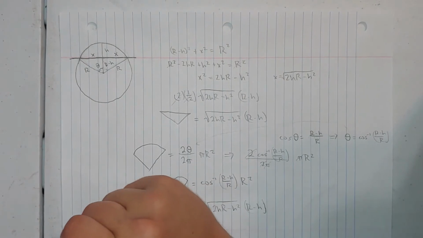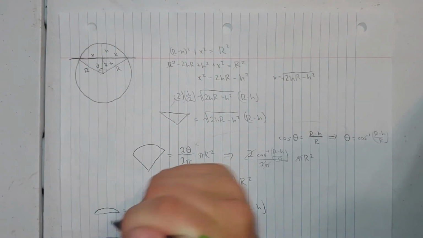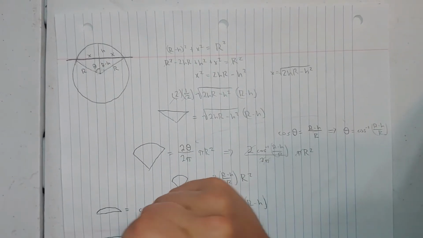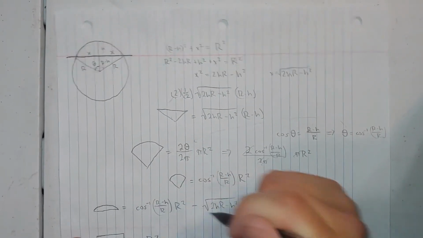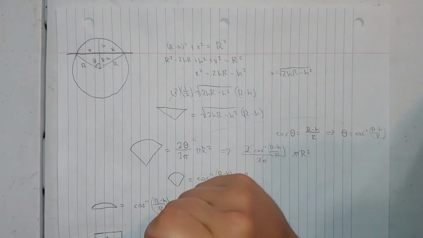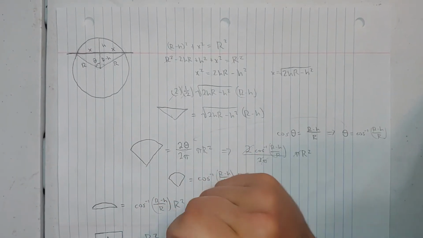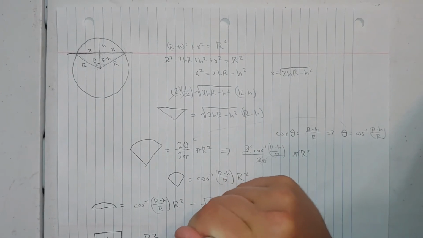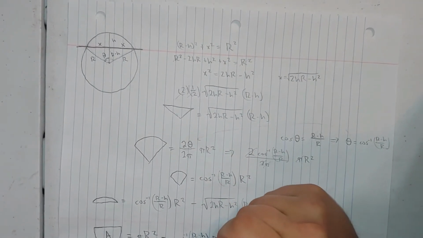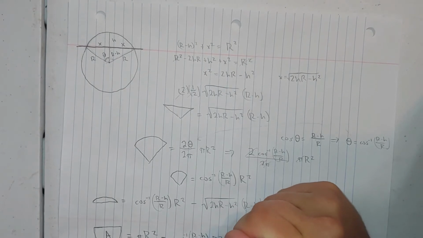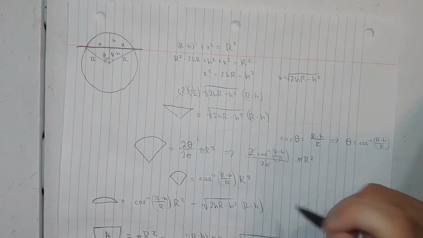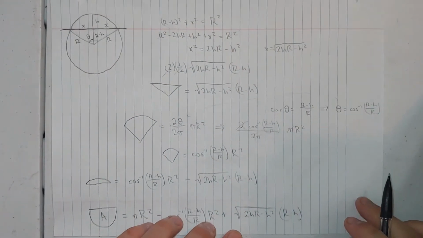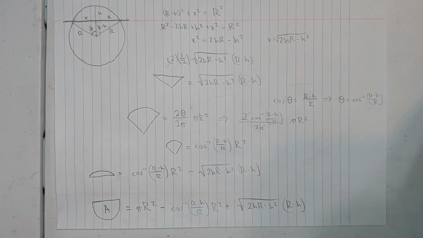So in all, that section, which is A, is equal to pi r squared minus the arc cosine of r minus h over r times r squared plus square root of 2hr minus h squared times r minus h.